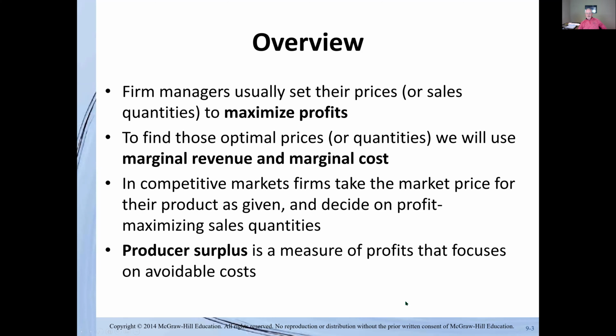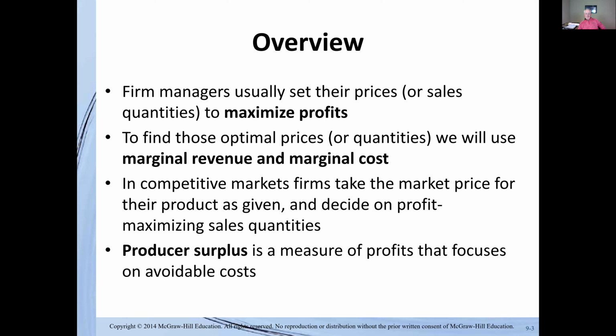Now, we are going to argue here that firms choose their sales quantities in the perfectly competitive market. A perfect competitor doesn't get to set its price. It has to take a price. It's a price taker. And so the price taking firm chooses its sales quantities to maximize profits.